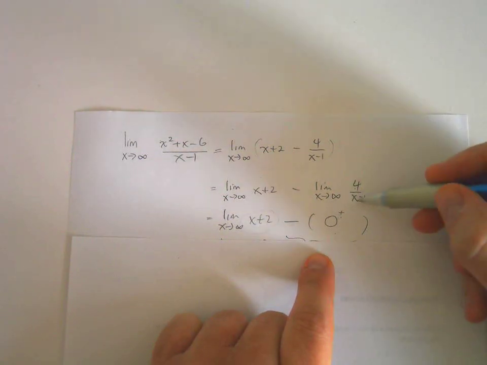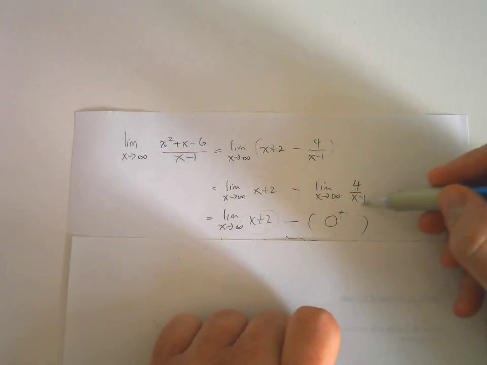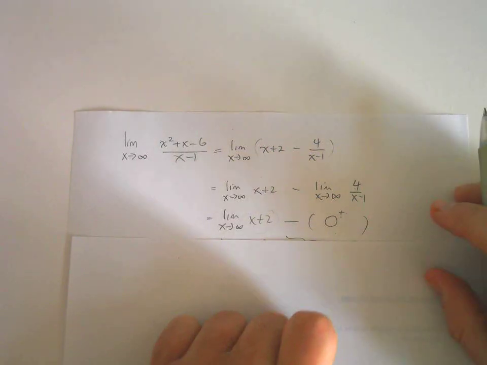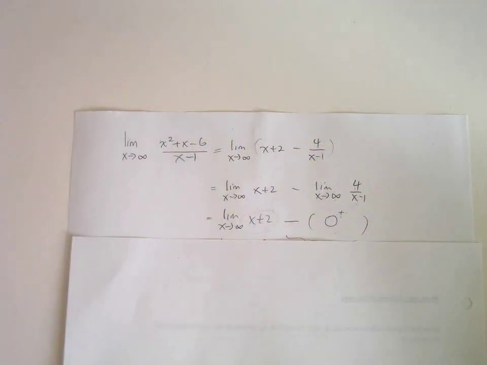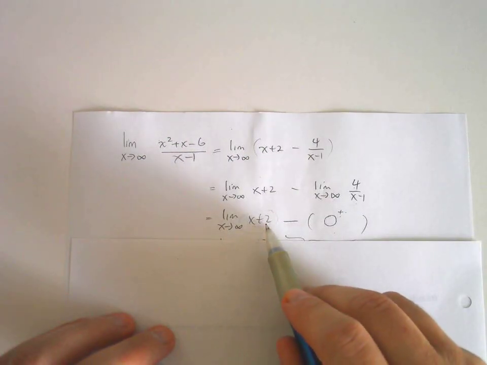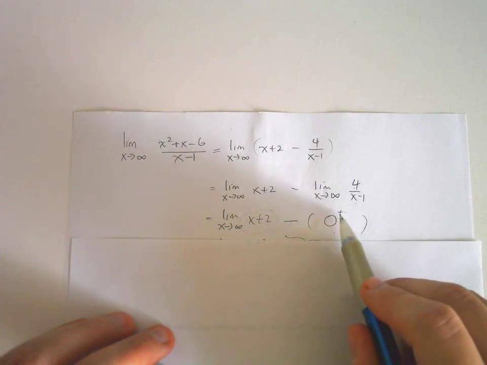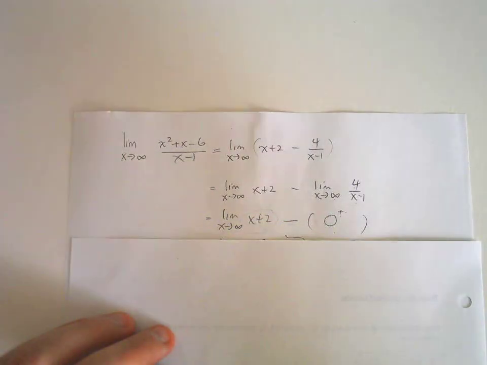But as x approaches infinity, this piece here is going to start tending towards 0 from positive numbers, because this is positive, and then down here, because it's going to infinity, it's also going to be positive. So that's going to be important, because if you connect these two things, then what it's telling you is that my function starts tending towards x plus 2, but we're going to subtract a really small positive number from it as we go along.